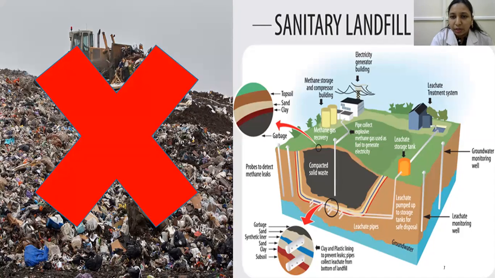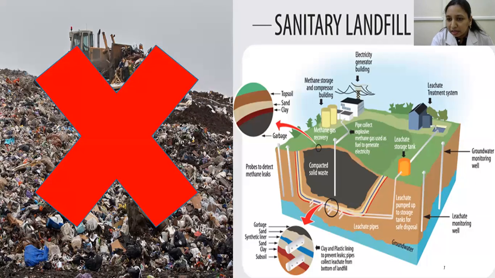So this is a very engineered method where there are pipes set up to check for the leakage of any waste from this compacted solid waste. So these are the leachate pipes, and they are connected to a storage tank where all the leakage is collected, and even the leakage is again treated as well.